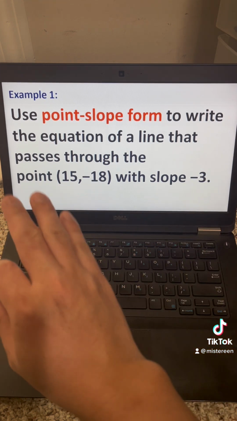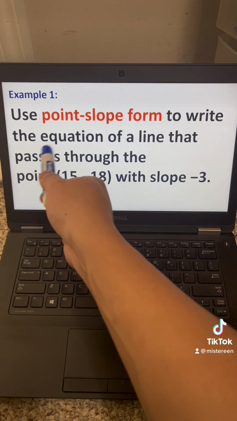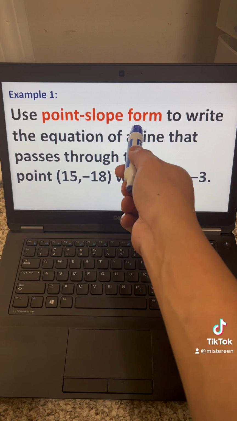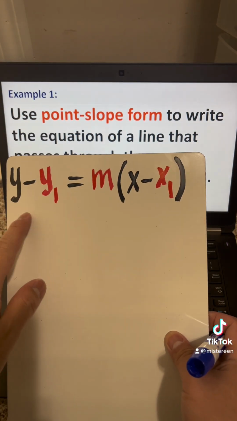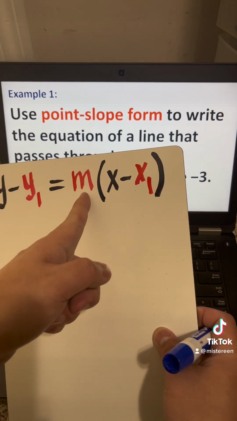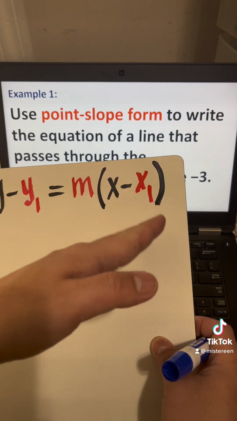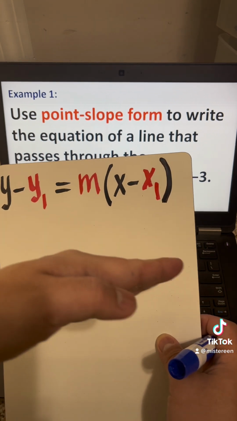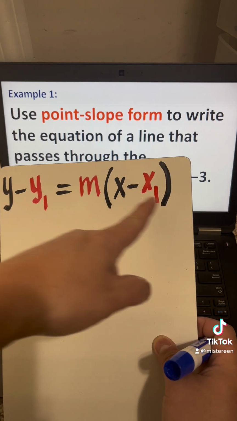So take note, in this problem, we are asked to write the equation of the line in point-slope form. Remember the point-slope form? Y minus y1 on the left side is equal to the slope m, times parenthesis x minus x1. For you to write this form, all you have to do is have a point, x1, y1.